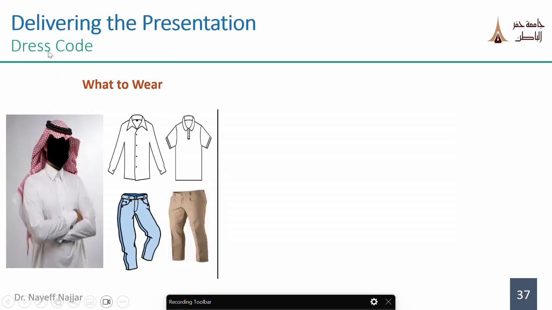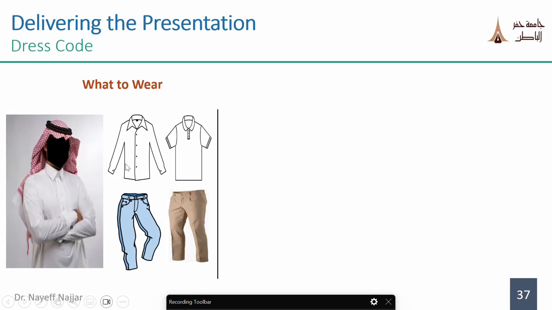When it comes to dress code, usually you are dressed as business casual. Business casual here in Saudi Arabia means a thobe and a shumakh and a gal. But these variations of outfits might be acceptable in some companies in Saudi Arabia.